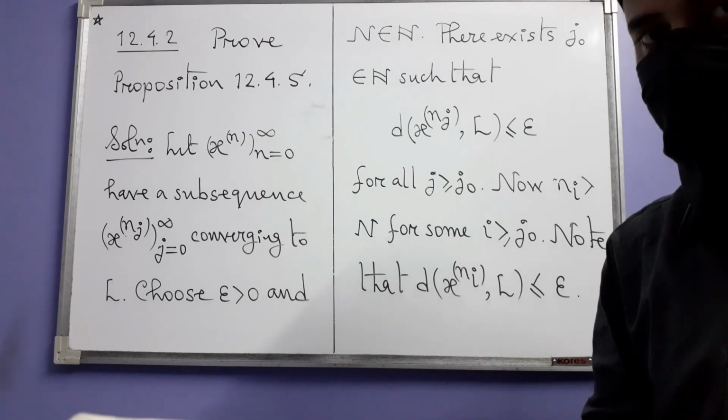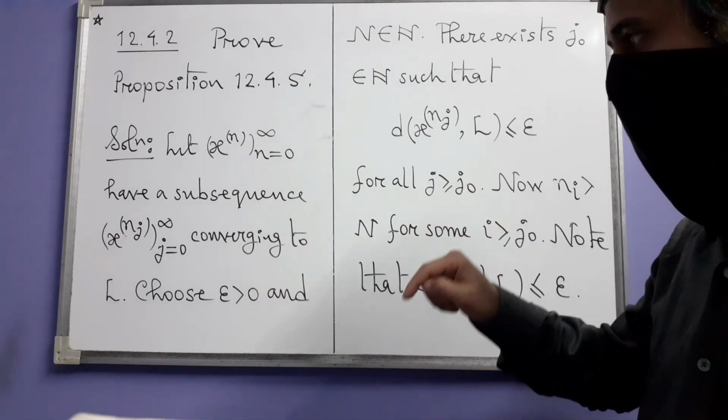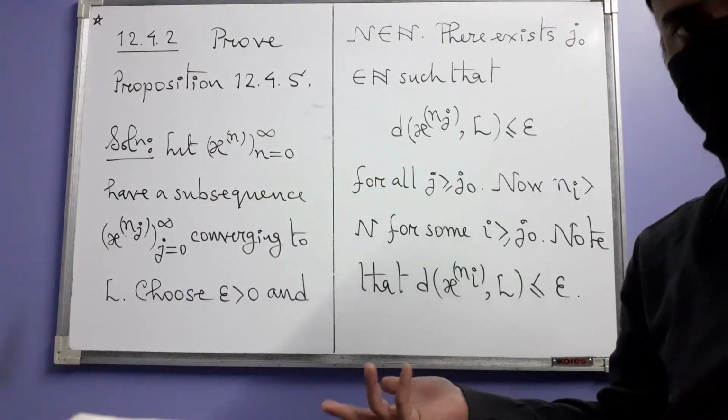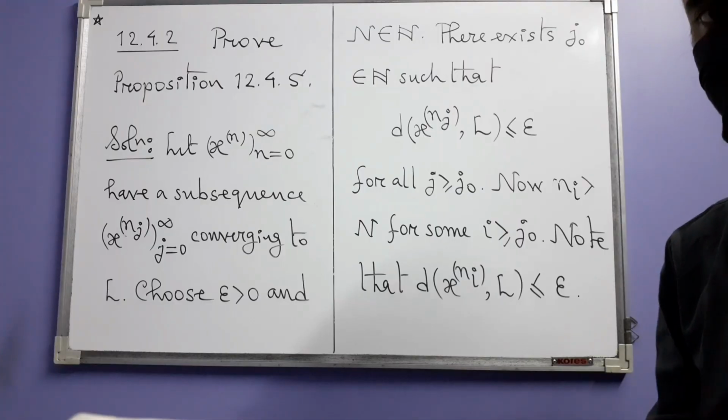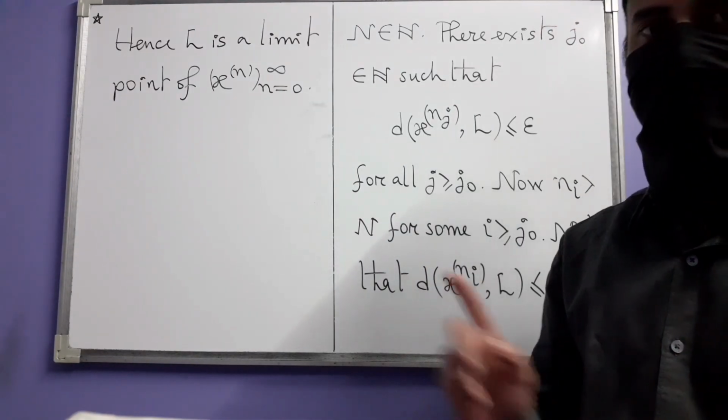This is what we wanted to show, right? That's what we said just now. And that's needed to prove that L is a limit point of xn. So we have one half of the proof. So we write the conclusion, hence L is a limit point of xn.